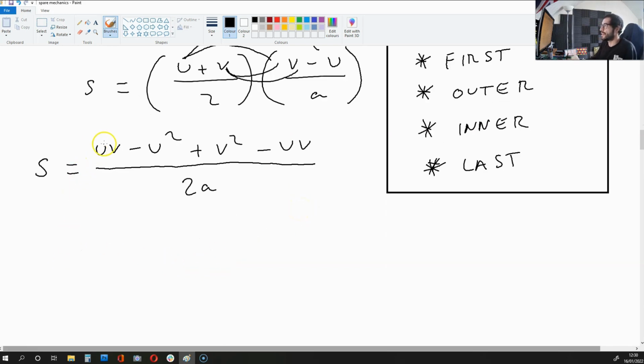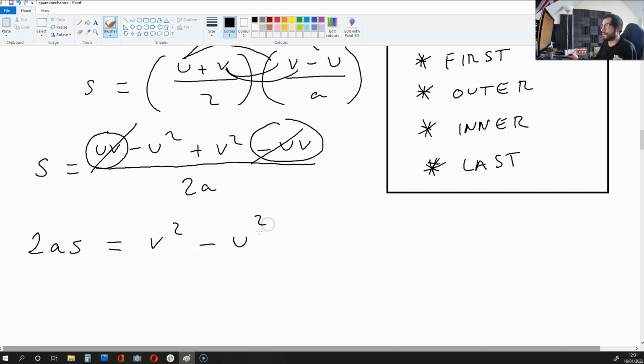And we can get rid of these uv's over here because we have uv minus uv. And what this leaves us with is, if we multiply both sides of this equation by 2a, 2a multiplied by s is equal to v squared minus u squared.